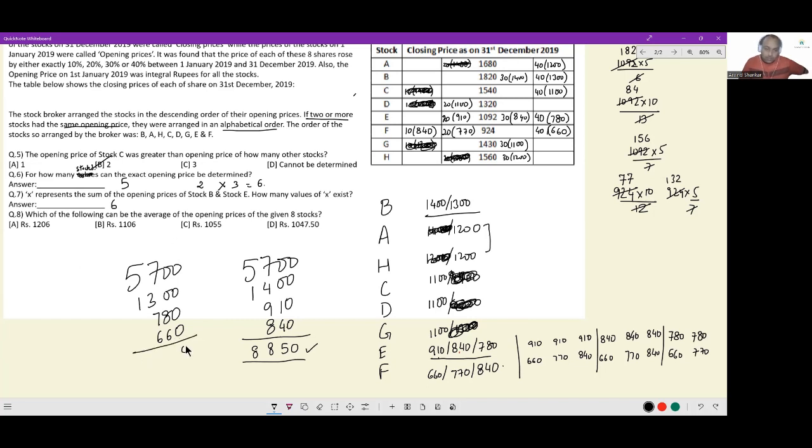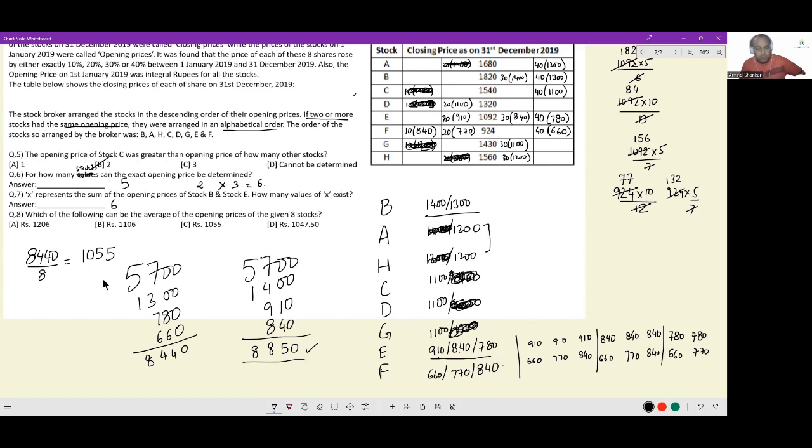Minimum possible sum will be 0, 4, 1 carried over. So 14 and 10, 4, 2 carried over. 8440 and 8850. So 8440 divided by how many stocks are there? 8, no? 8440 divided by 8 gets us to 1055.